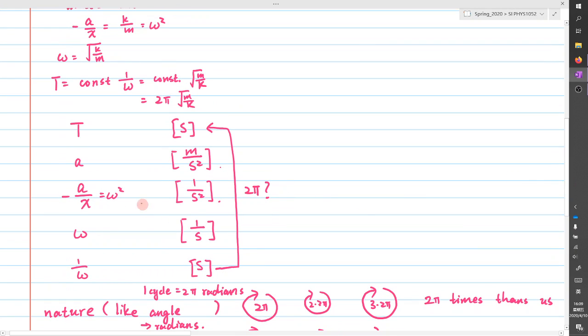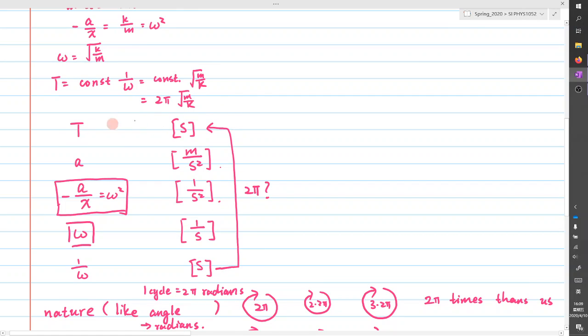And with this process being totally natural, quote unquote, it's going to be 2 pi times faster than the speed of our human counting when we're converting it back.